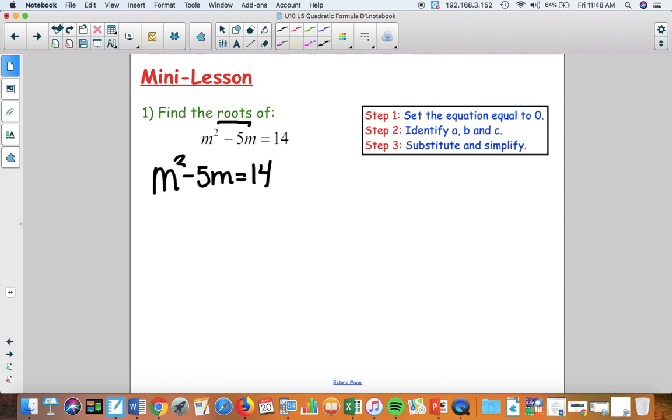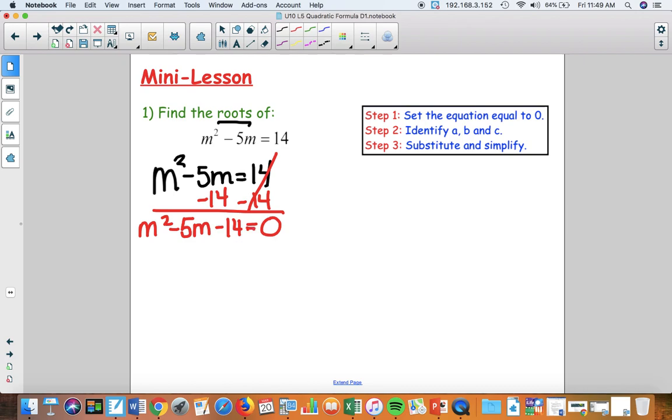Now, first things first, we have to set the equation equal to 0. So to set it equal to 0, we have to move the 14 by subtracting 14 on both sides. When we subtract 14 on both sides, we're left with m squared minus 5m minus 14 is equal to 0.